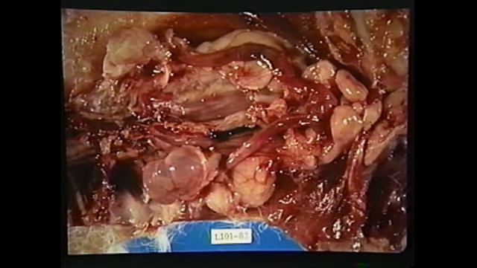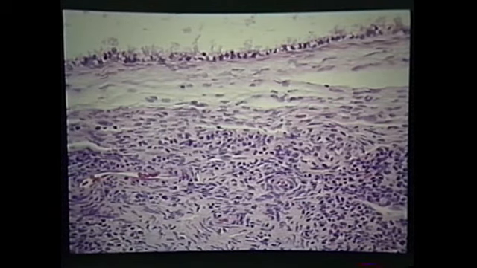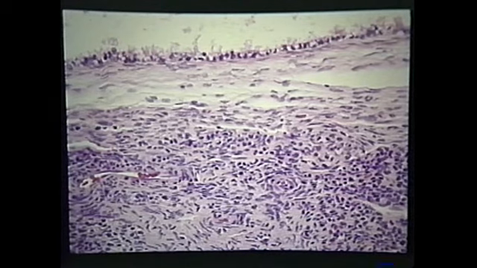An old sow with cystic ovaries, or so-called cystic rete ovarii. If we examine these cystic areas histologically, they're normally lined by cuboidal epithelial cells with identifiable cilia, and the ovarian tissue in the lower part of this section.